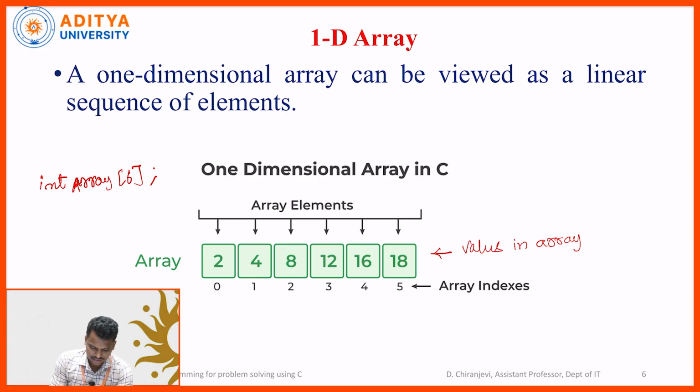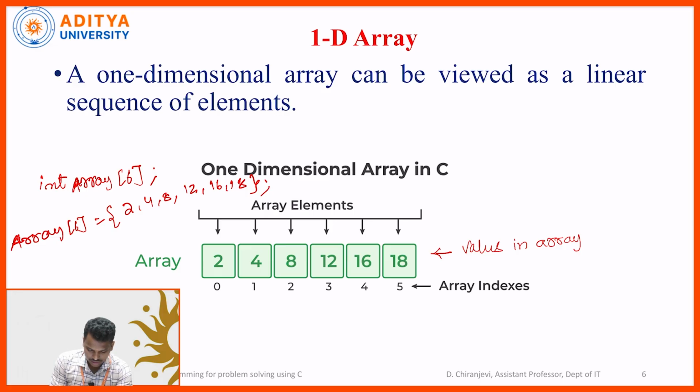If you want to initialize, you can write in the next line arr of 6 equal to 2, 4, 8, 12, 16, 18. I have already declared this array of type integer, that's why in the next line I am not using any data type. Directly I have written the array name and size, then initialized the array, then semicolon. So this is initialization.